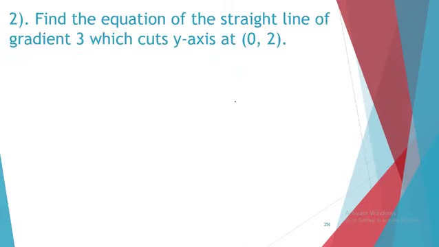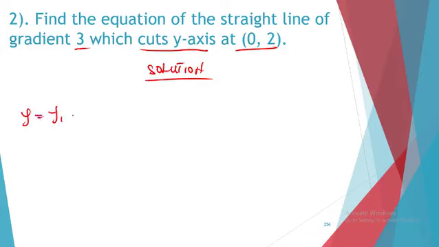Example 2: find the equation of the straight line of gradient 3 which cuts the y-axis at (0, 2). In this problem the gradient m is already given, and remember the equation of a straight line is y equals y1 plus m into x minus x1.